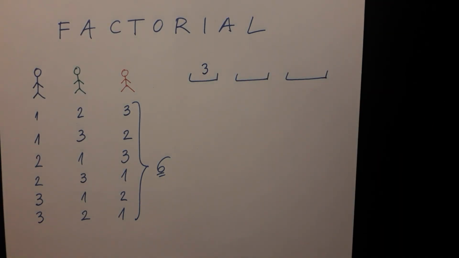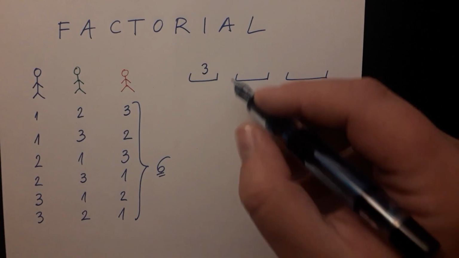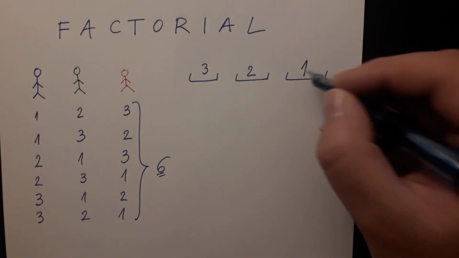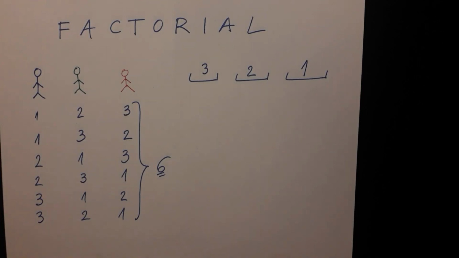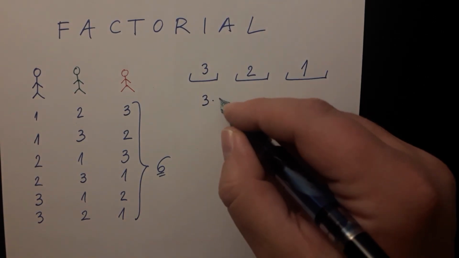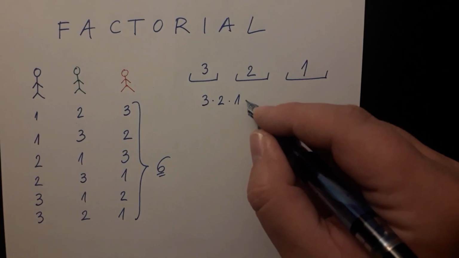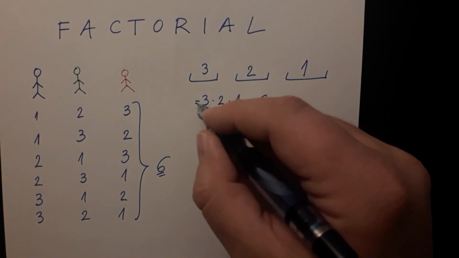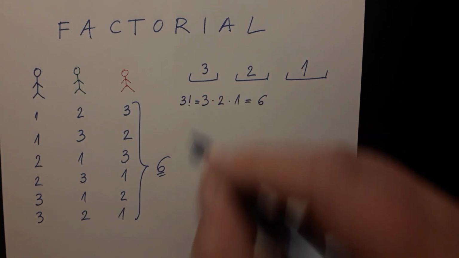For the second spot, there are now 2 people competing, as one person can't be at 2 different spots at the same time, so you have 2 here. And finally, you have just 1 person remaining for the last spot. So what you get is 3 multiplied by 2 multiplied by 1, which is 6 when you calculate it, and you can write this down as 3 factorial.